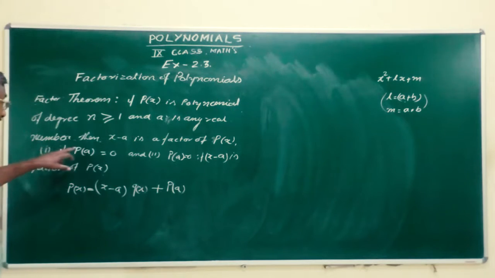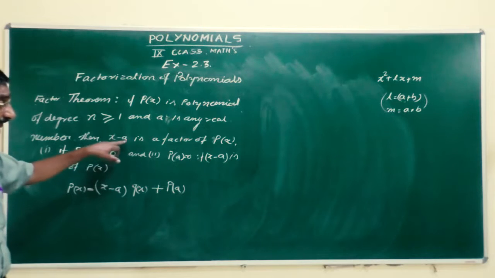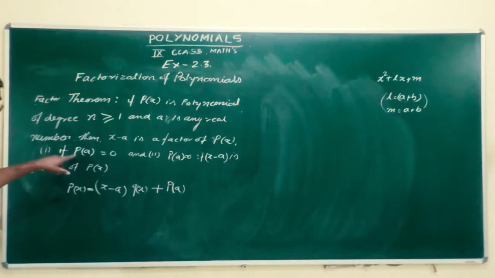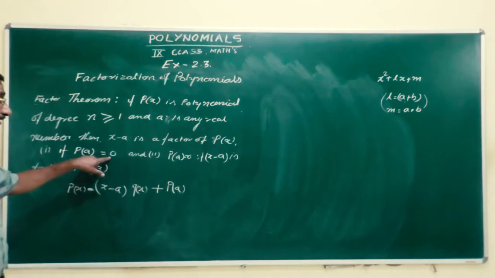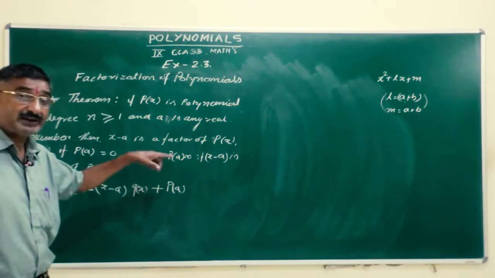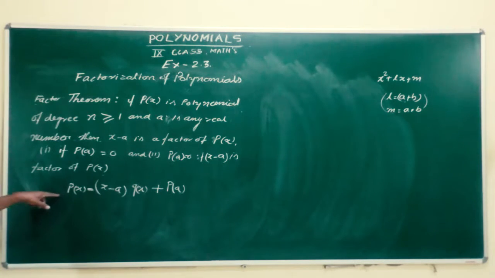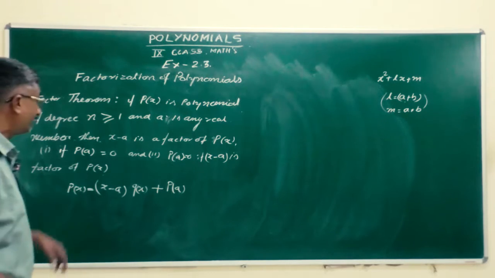This is the first statement: x minus a is a factor of px when pa is equal to 0. Clear? Second, what is the second statement? If pa is equal to 0, meaning the remainder is equal to 0, then x minus a is a factor of this polynomial. The proof we can write in this manner.